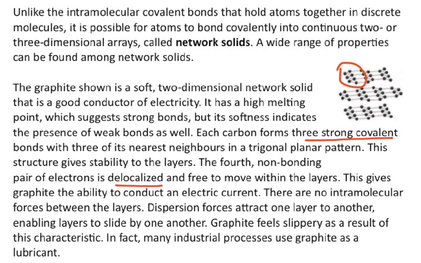The layers, individual layers, are held together by dispersion forces, but we have covalent bonding in each layer. So we have two different things going on here. Each layer is held together by covalent bonds, but layer to layer, like so, is only London forces.